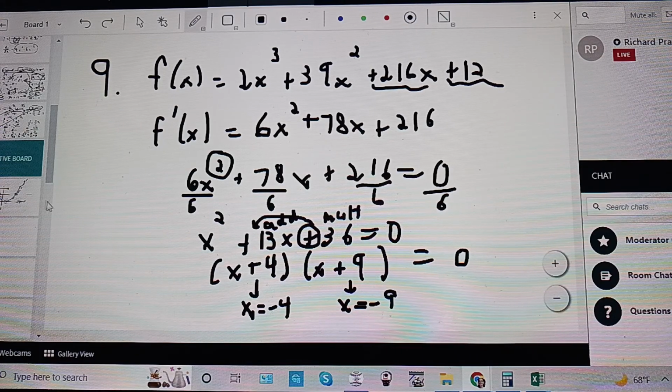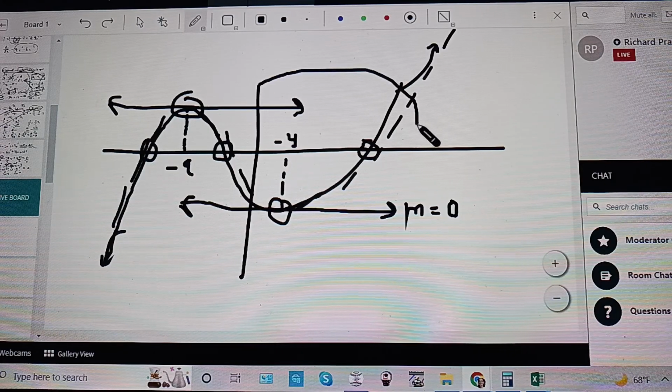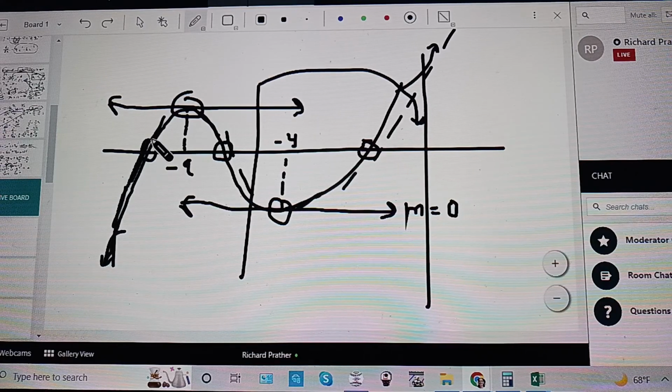These are the 2 locations where this is happening. My graph isn't accurate, but this is at negative 9, and this is technically at negative 4. So the y-axis, I have the y-axis in the wrong spot. It should be over here somewhere. But when the graph comes up and reaches an x value of negative 9, it has kind of a high point right there. Like riding the roller coaster, you get to the top and now it starts going down. Everybody starts screaming.